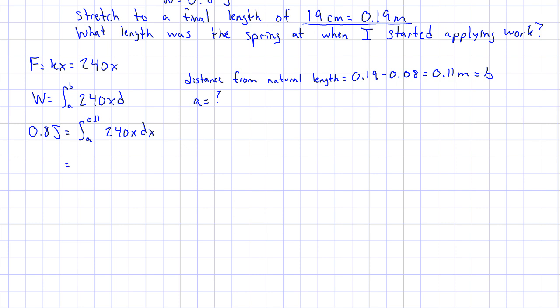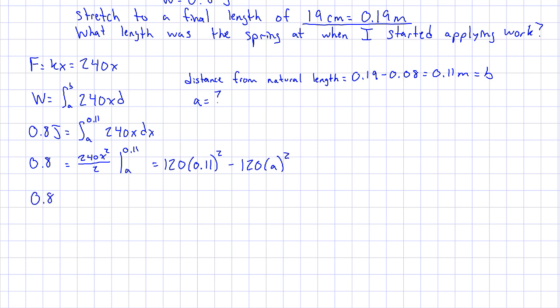I will integrate and get 240 x squared over 2 evaluated from A to 0.11. When I plug those values in, 240 divided by 2 is 120. So I get 120 times 0.11 squared minus 120 times A squared.